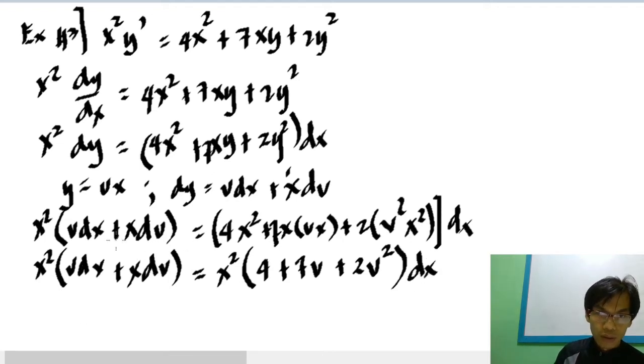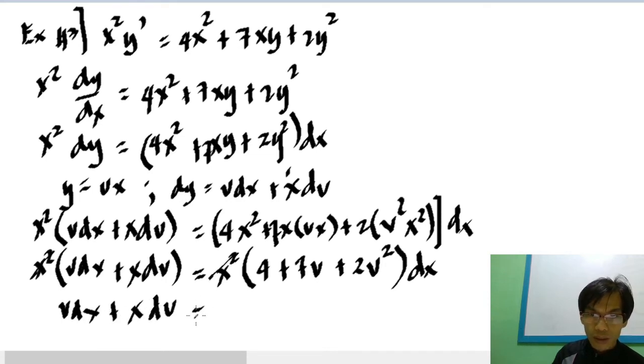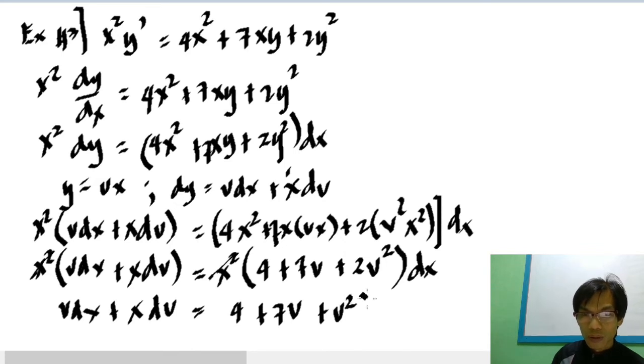We can eliminate x squared on both sides by multiplying by 1 over x squared on both sides. Then we have v dx plus x dv is equal to (4 plus 7v plus 2v squared) dx.